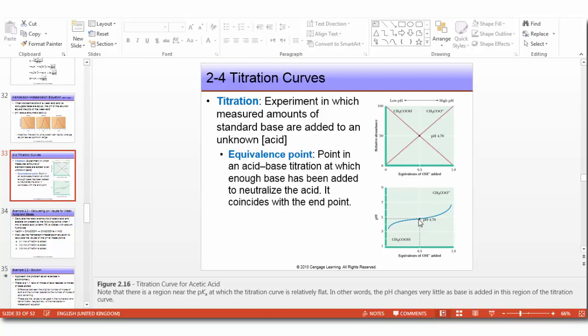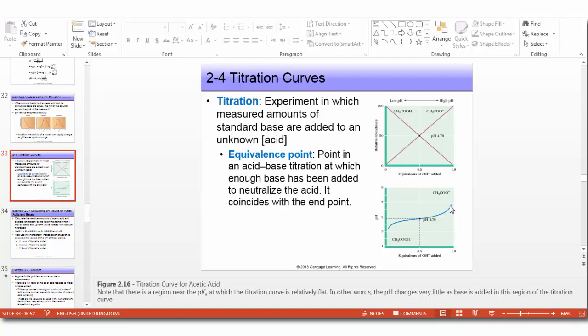This point is called midway titration, where both the acid and its conjugate base exist in a 50-50 ratio. Then after that, we continue adding the base, and the pH continues to increase until the titration ends. This is called the end point or equivalence point, and in most cases these 2 points coincide, the equivalence point and the end point.